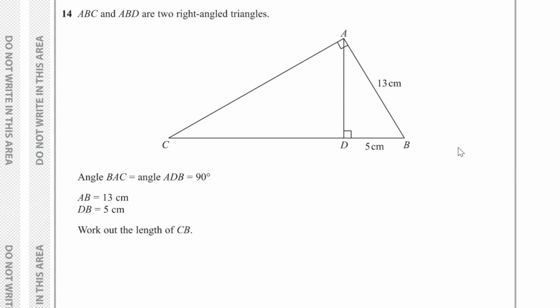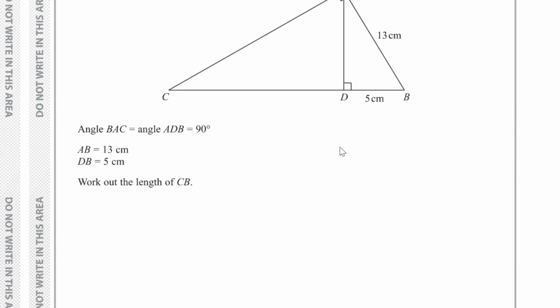Well, for us to do that, what we can do is, if we find out, say, this angle here, somehow, we can use trigonometry on this larger triangle to find out this length here. So let's do that. Let's draw out the little triangle before we do anything else.